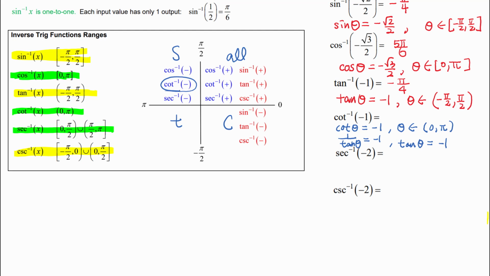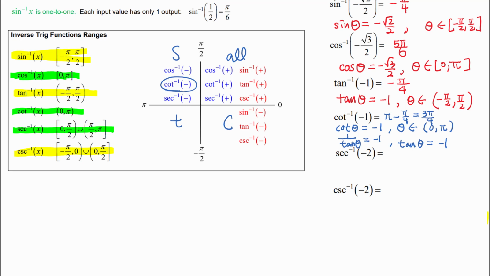And tangent is positive in the first quadrant and it is negative in the second quadrant. So therefore, my theta is going to be pi minus pi over 4. So it will be 3 pi over 4.